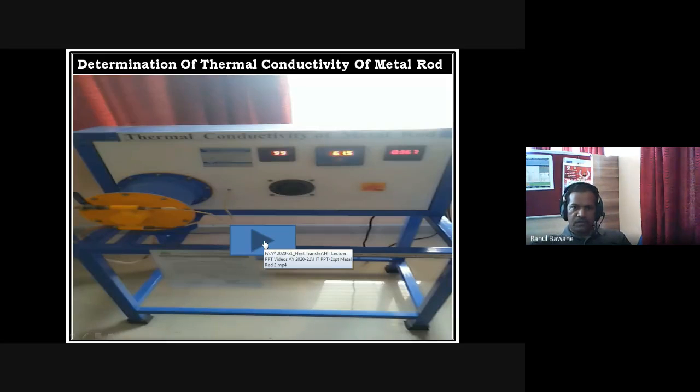Now the last reading which I note down here, because before that, after a 10-minute interval, once it gets to steady state condition, I note down readings, and for the last reading I shot a video clip here.